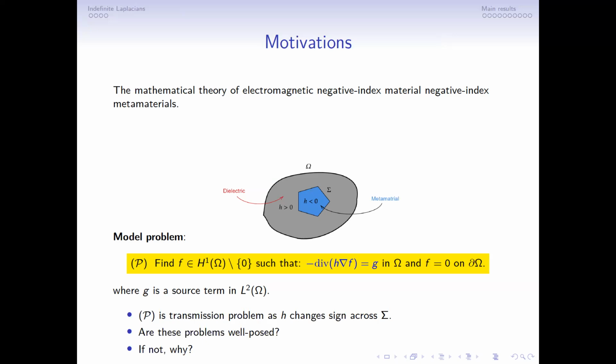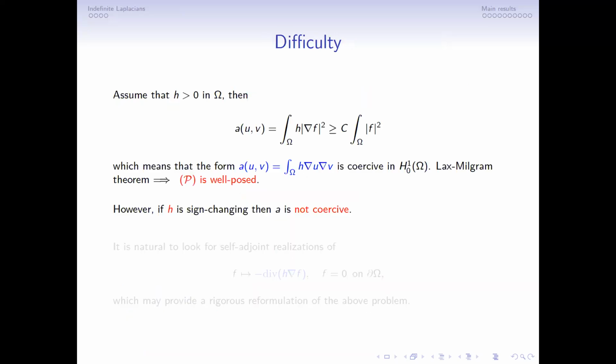Those are obvious questions. So let's see what we can do with the Lax-Milgram theorem. If we assume, for instance, that the function is positive on the whole domain omega, then you define this bilinear form, and you see immediately that it is bounded from below, and therefore Lax-Milgram says that the problem that I stated before is well posed.